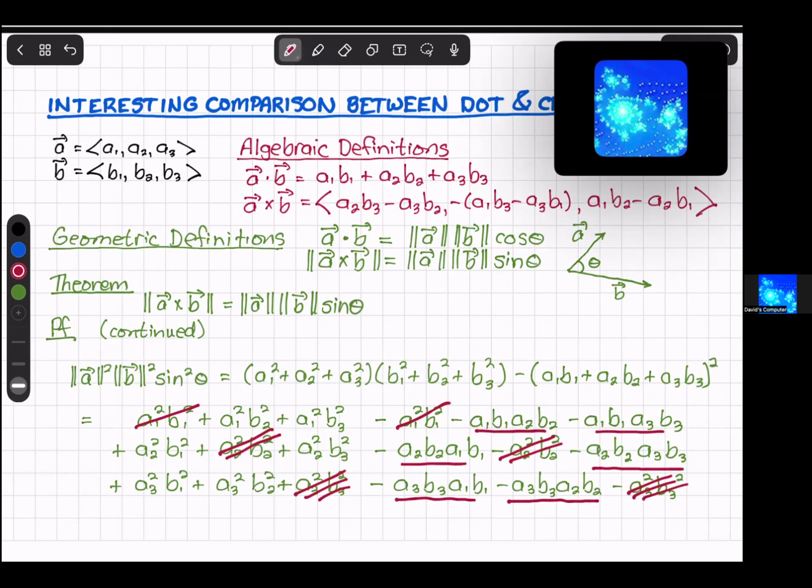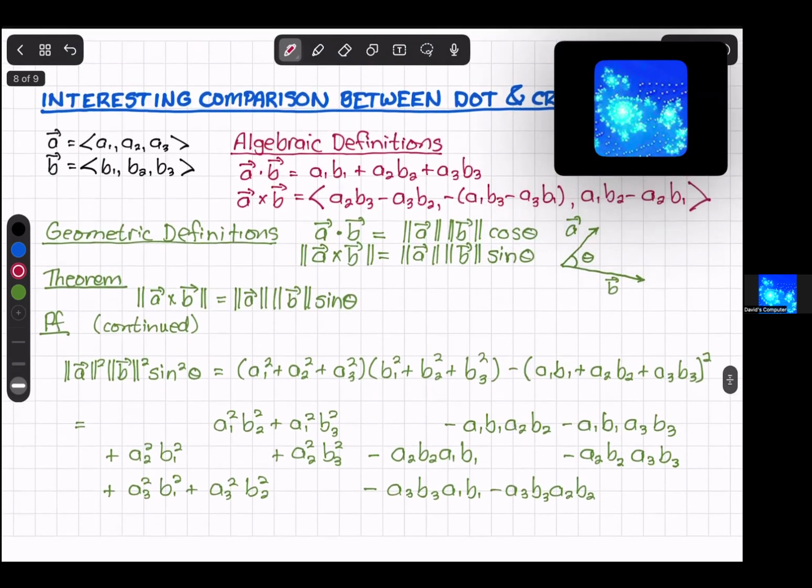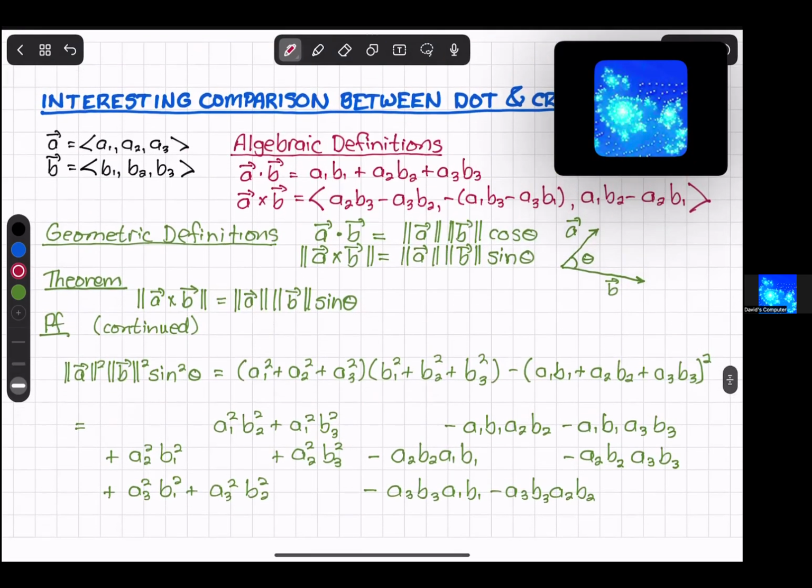So let's look more closely at these pairs and how we could organize them. If we take these two terms, A2 squared B3 squared and A3 squared B2 squared, and combine them with the A2 B2 A3 B3 term, we can write one perfect square.